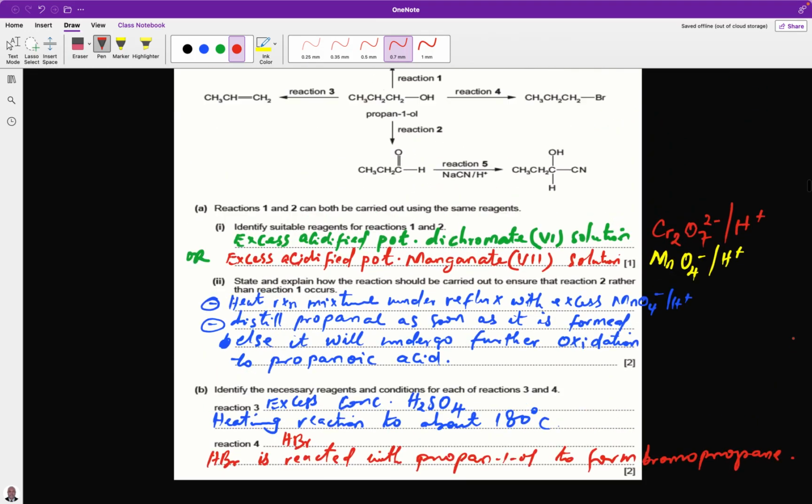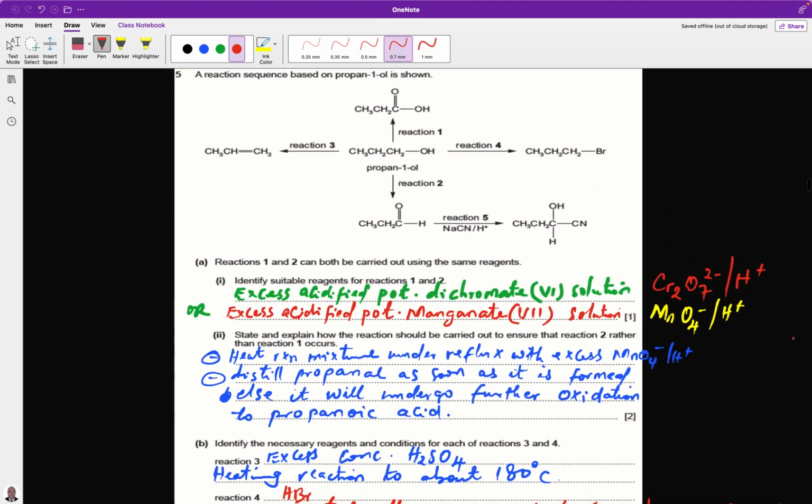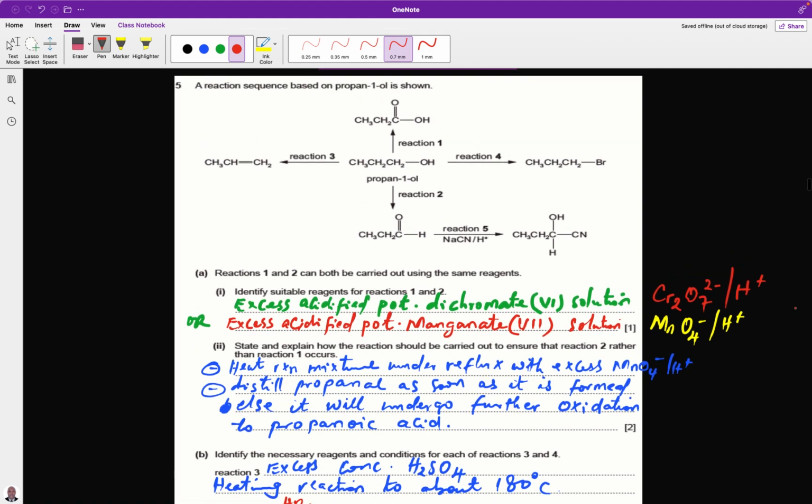So learners, all these synthetic routes, you are supposed to know them very well. You should know what is happening in each route: reaction 1, 2, 3, 4 and 5. Remember, you could have been given reaction 5, the nucleophilic addition of cyanide, which adds an extra carbon atom.